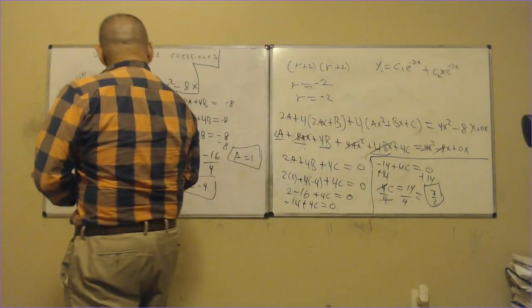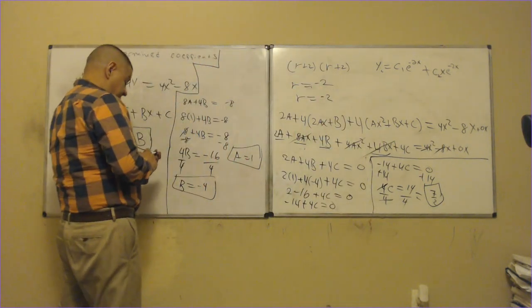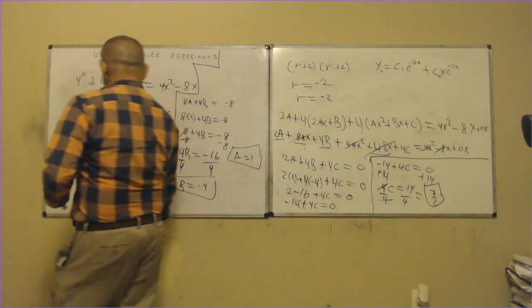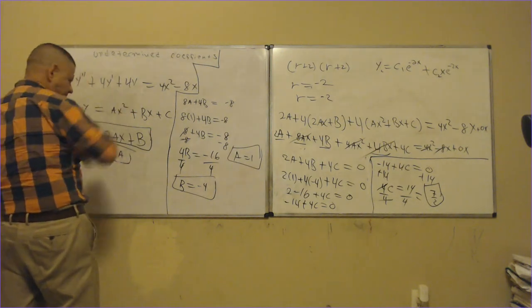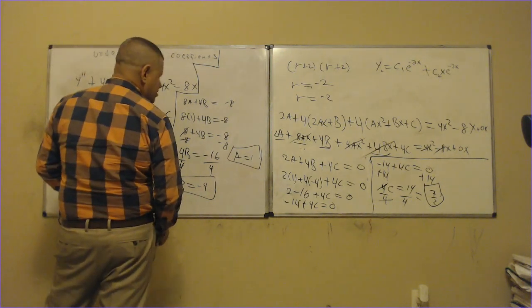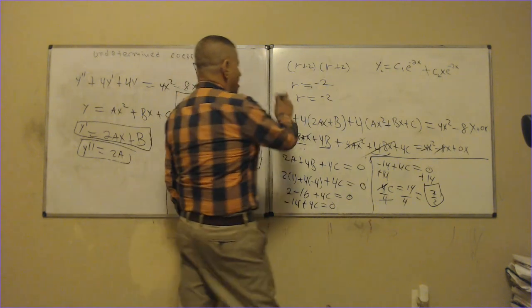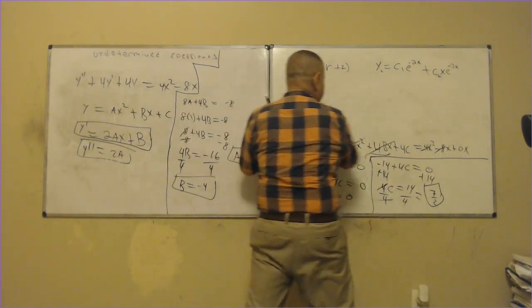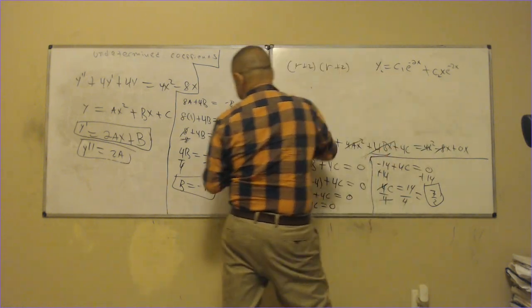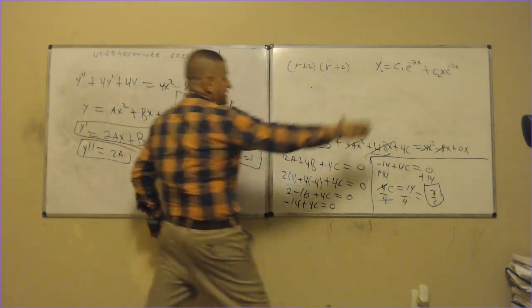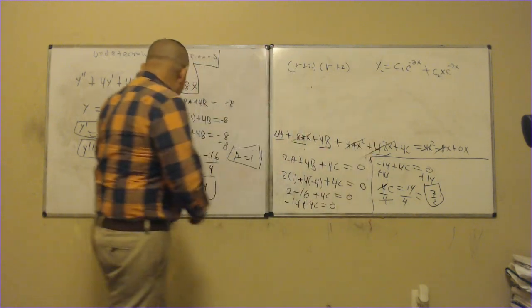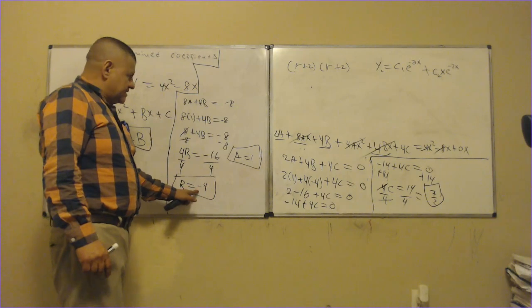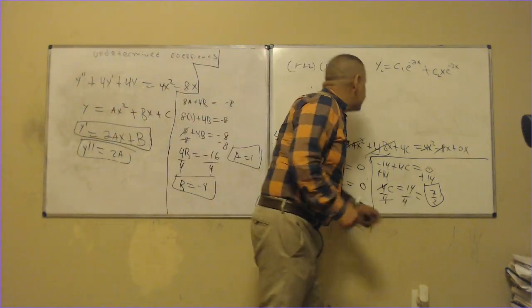So what is going to be my solution? That's the question, right? My solution is going to be the following: this plus this plus this and plus that.